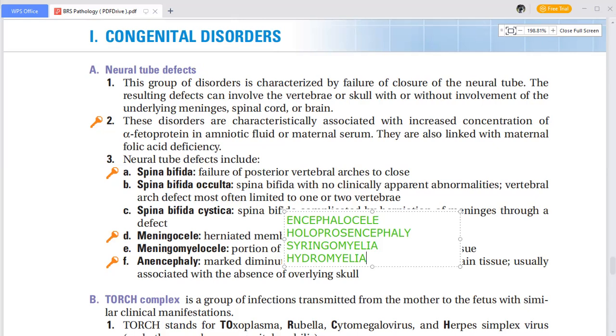Holoprosencephaly, I've already explained that. I said holoprosencephaly is characterized by an incomplete separation of the cerebral hemispheres, when they are not separated. That is holoprosencephaly.